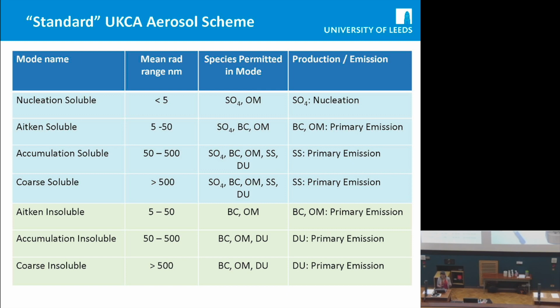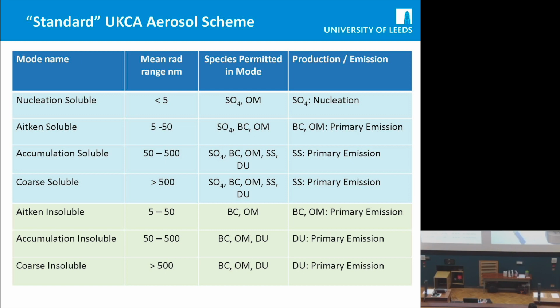But the standard framework is the modes that I described, going from nucleation, Aitken, accumulation, and coarse, going up in size, starting at around 5 nanometers, getting bigger until we're up at the micrometer scale, and then the equivalent insoluble modes, so Aitken, accumulation, and coarse all have an insoluble version.